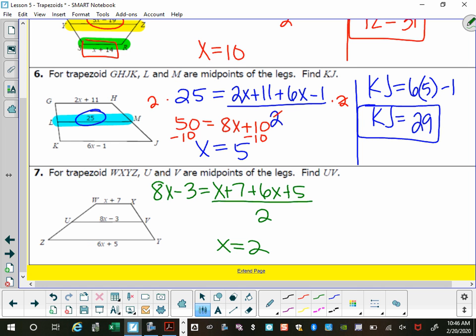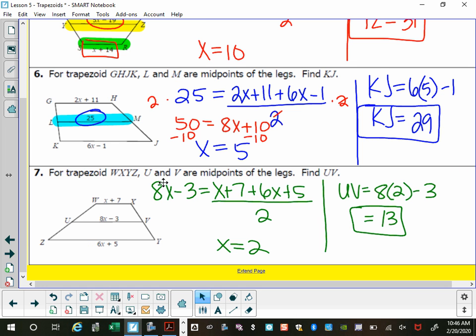They asked you to find UV. So UV is 13. Any questions on this? All right, I want you guys to work on numbers 1 through 4, and then we'll go over the answers.